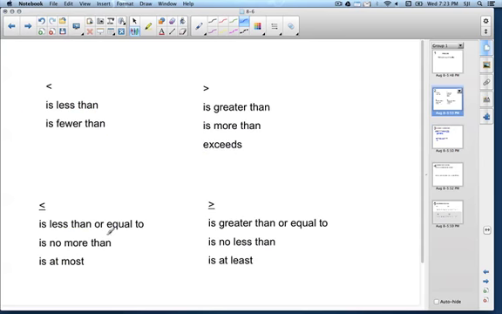So I'm going to go to this list over here, and I'm going to look for the word over. And I don't see the word over. But when I think about the word over, I think that it has to be more than, or, oh, exceeds, is more than, is greater than. So I'm going to add the word over here to our list.